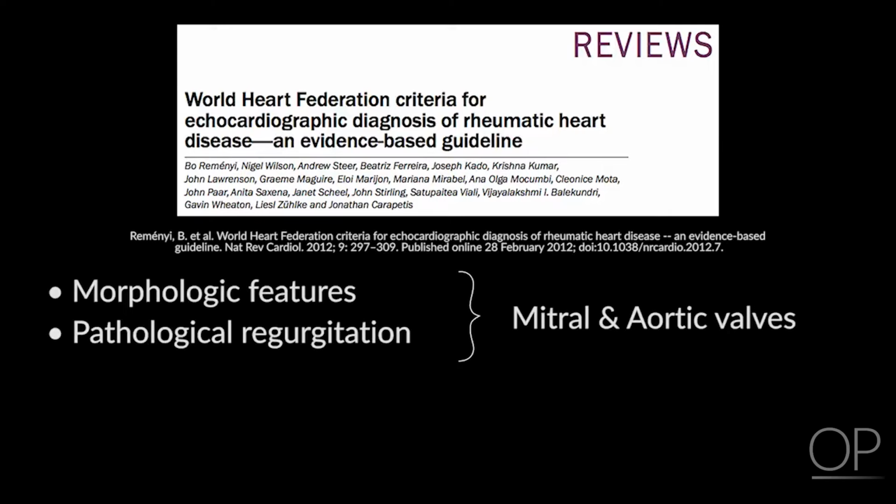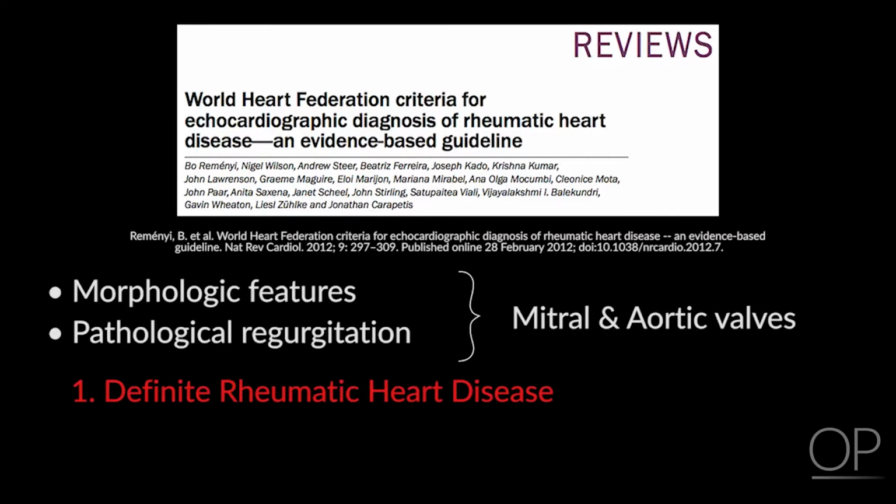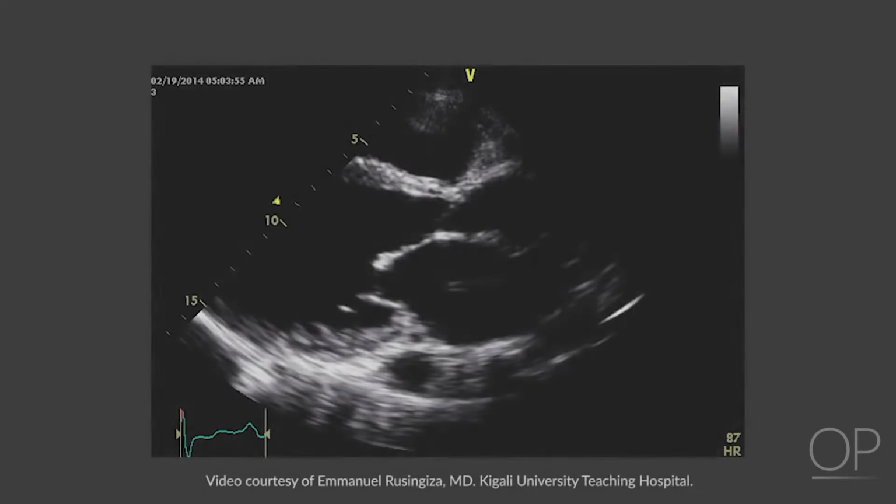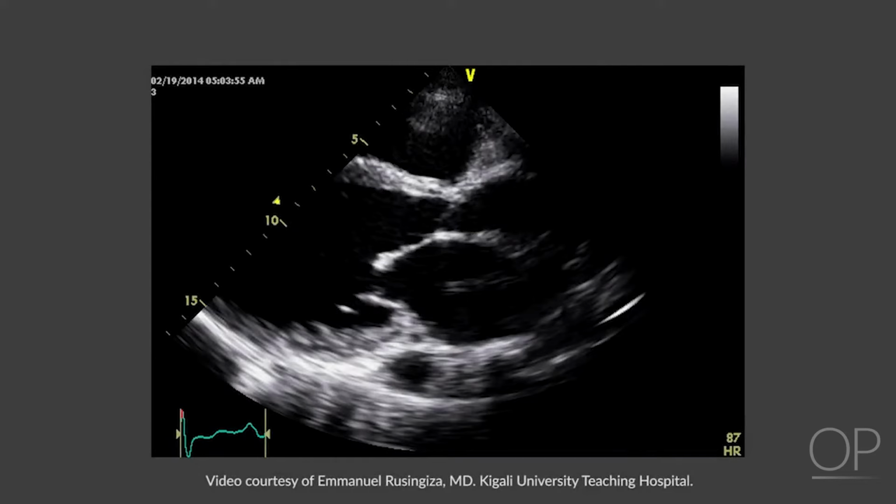There are 3 diagnostic possibilities based on the echocardiography criteria, which are definite rheumatic heart disease, borderline rheumatic heart disease, and normal valves. These are some few examples of echocardiography images.